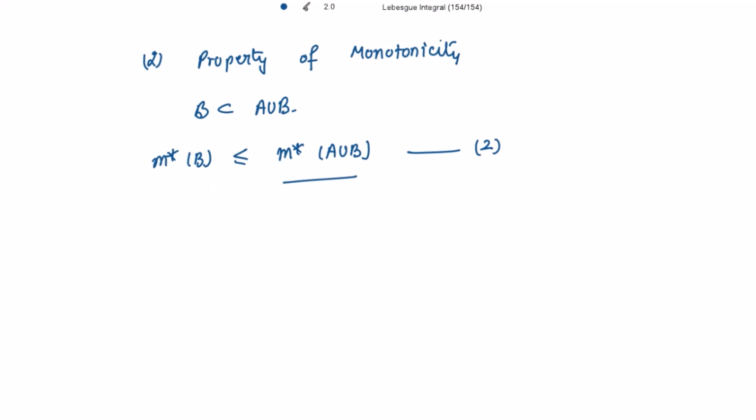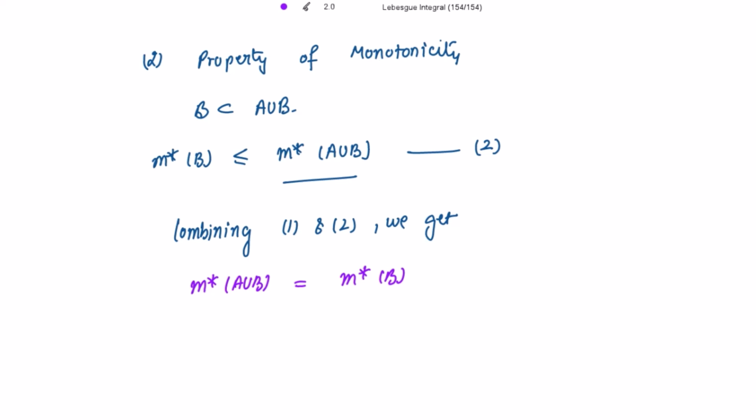So if I combine these two inequalities, combining 1 and 2, we get that measure of A union B is equal to the measure of B. So if the sets are non-disjoint, then also we are getting the equality sign, by combining these two properties.